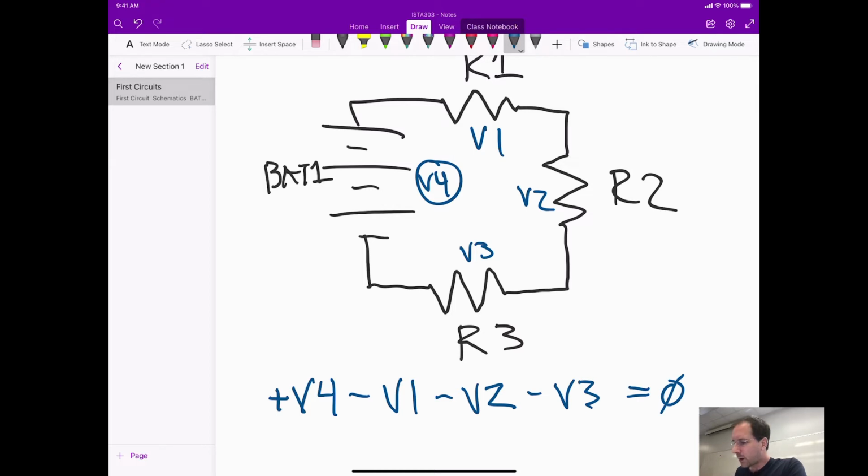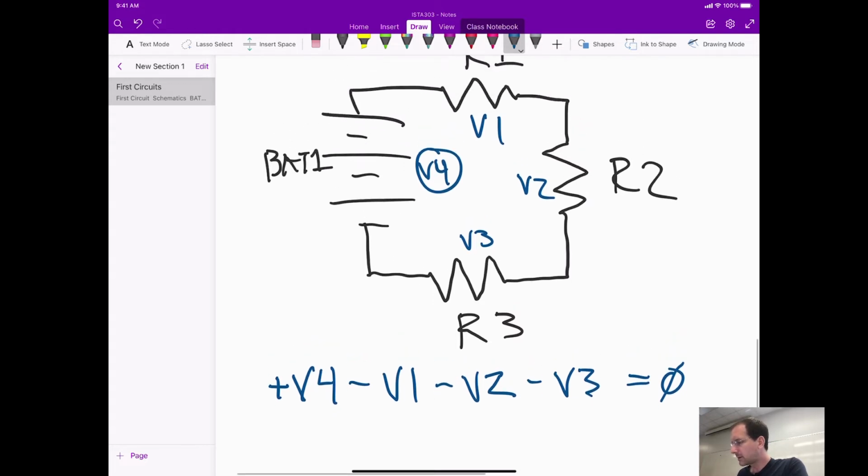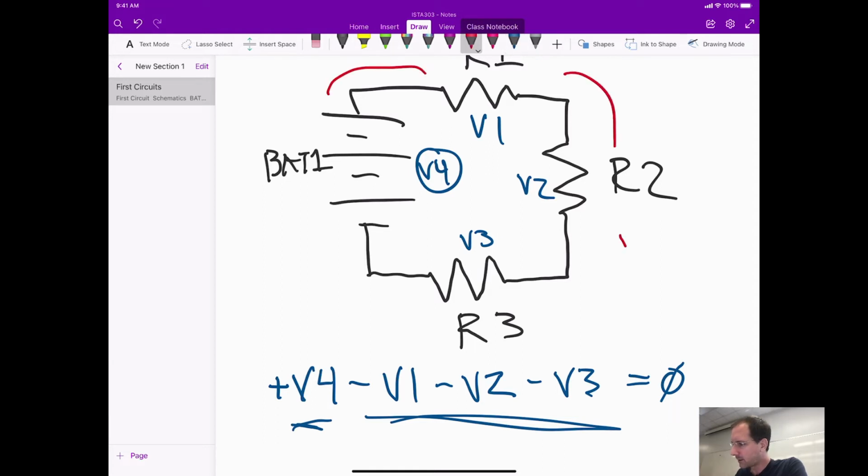You might ask yourself why on earth this might make sense, sort of physically. And the way that I like to think about it is that if this wasn't the case, if the amount of power generated in the circuit was different than the amount of power used in the circuit, because the circuit sort of flows around in a circle, if you had leftover voltage by the time you got to the end, say here, then you would basically be adding more power into the circuit every time the electrons float around.